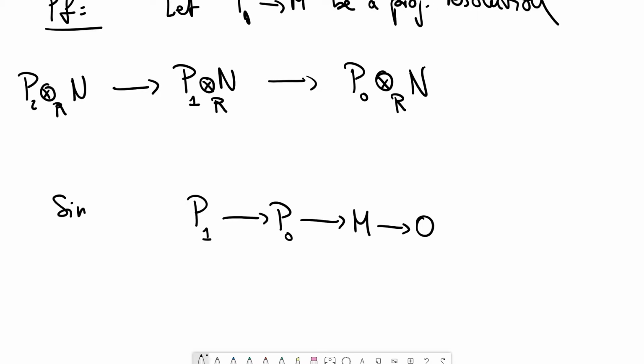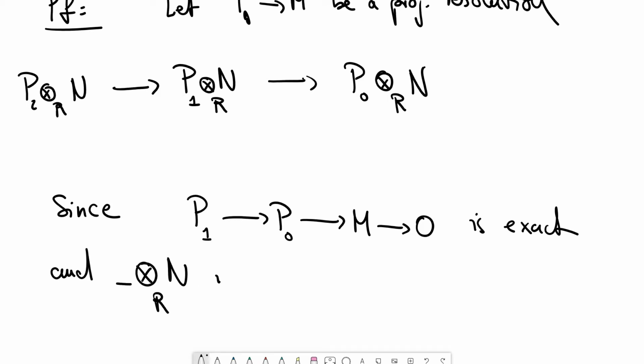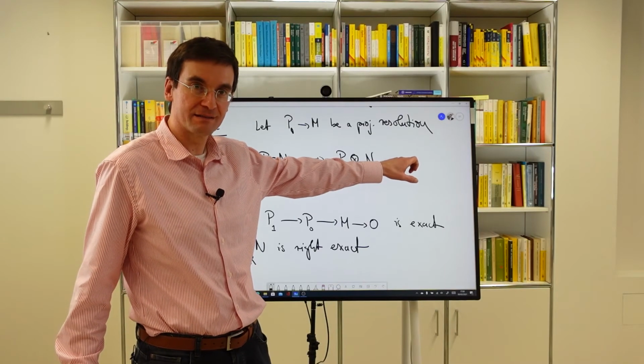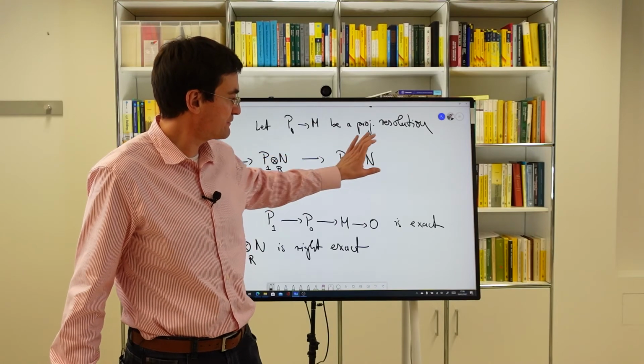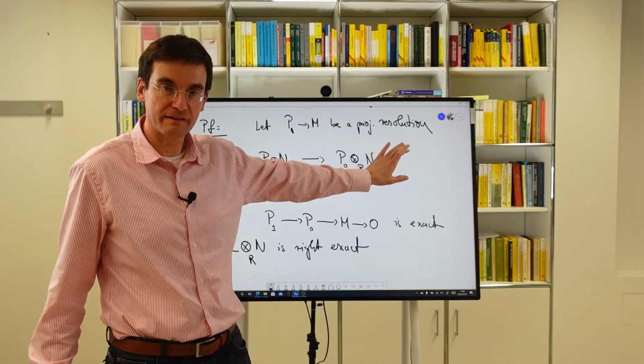So since this is exact, and the tensor product with n is right exact, we can put here m tensor n and still have an exact sequence.